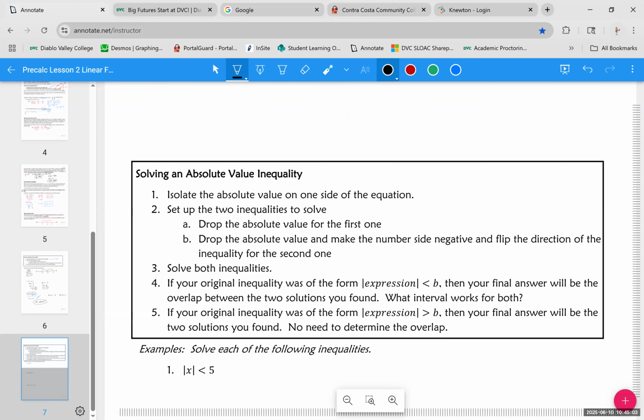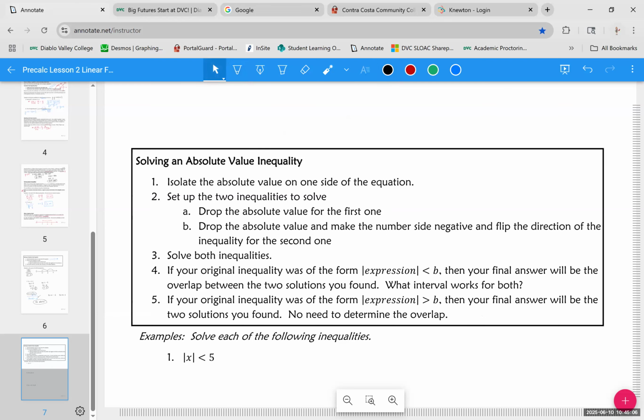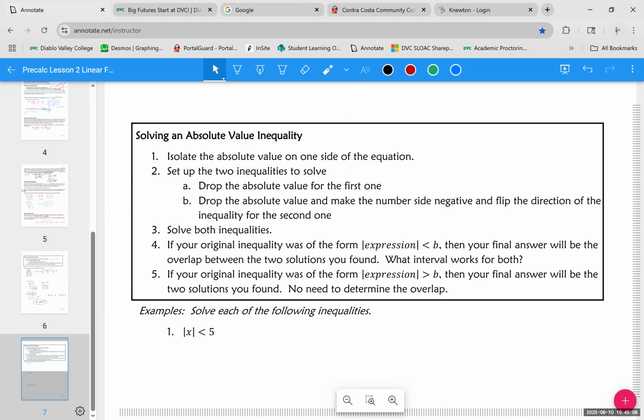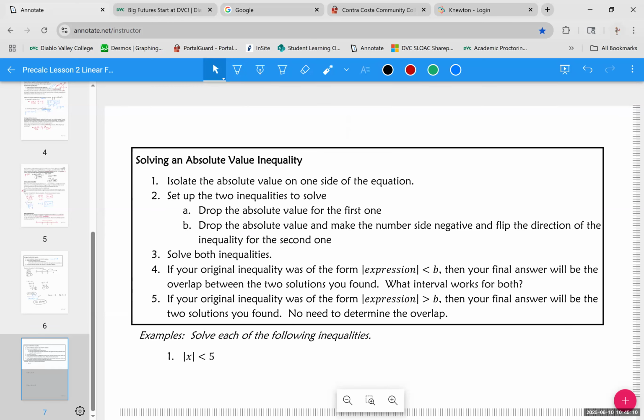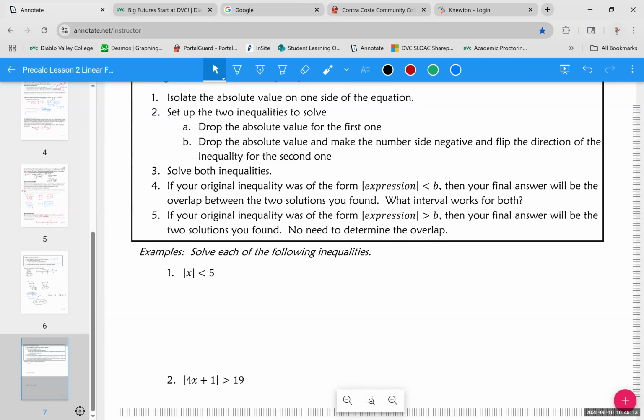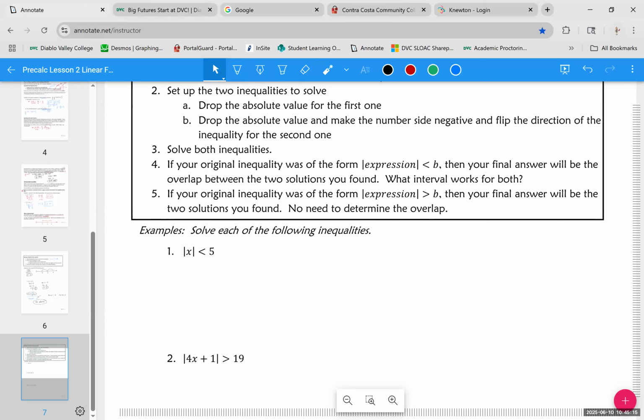Now, a little bit more involved are absolute value inequalities. For example, I'm going to look here at the first one. The distance away from 0 is less than 5. So if I was looking at a number line, if I know that 5 and -5 are 5 away from 0, and I want the distance to be less than that, I'm going to be looking at all the numbers here and here.